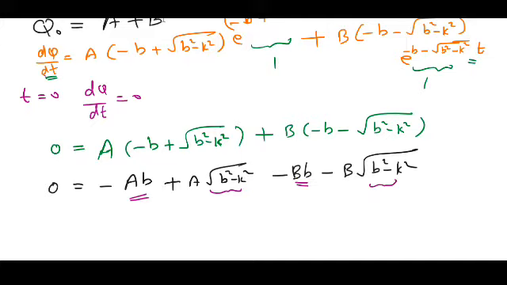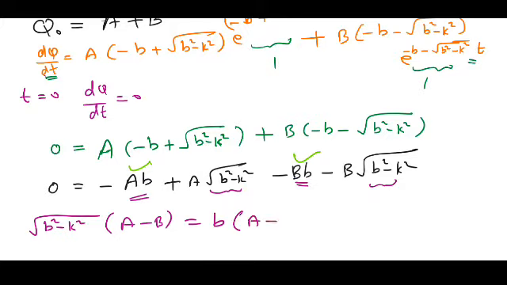Then I get √(b² - k²)(A - B) = b(A + B).